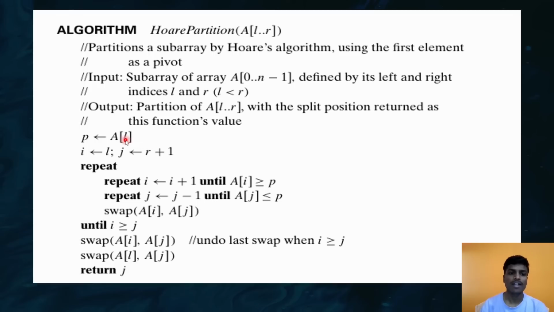Now A[L] is stored into P, then L is stored into I. I is initialized with L, and R plus 1 is stored into J. Now we repeat the steps.